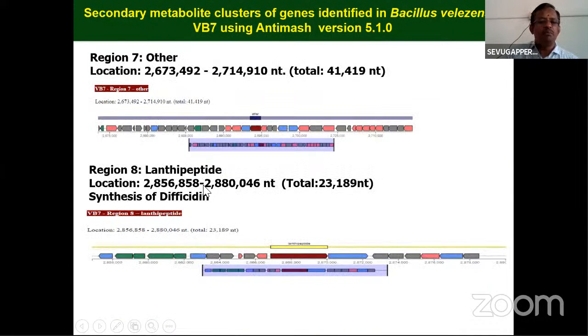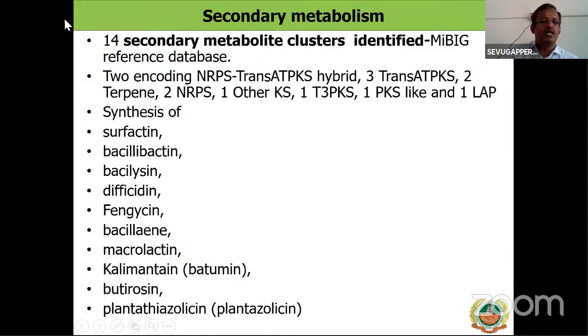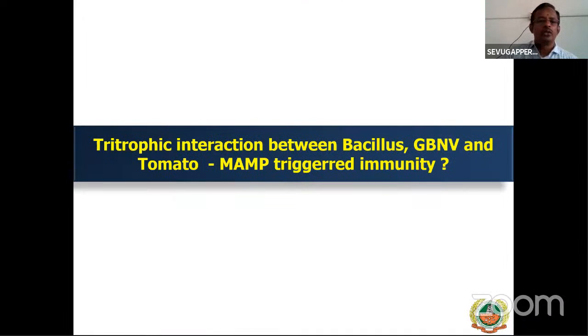Then the lanthipeptide cluster, a very potent antimicrobial peptide, codes for difficidin, which is antiviral in nature. In total, 14 secondary metabolite clusters were identified, responsible for the synthesis of surfactin, bacillibactin, bacilysin, difficidin, fengycin, bacillaene, macrolactin, kalimantacin, butirosin, and plantazolicin.